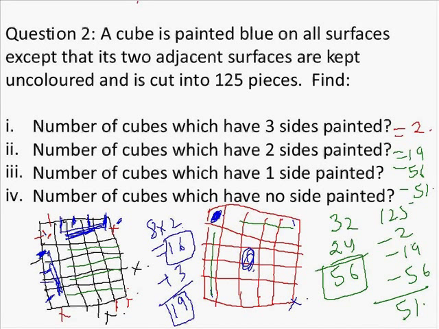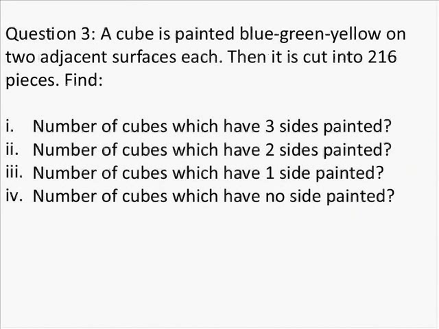Now we come to the color combination. A cube is painted blue, green, yellow on 2 adjacent surfaces each. Then it is cut into 216 pieces. So first of all, we are going to make it like this.